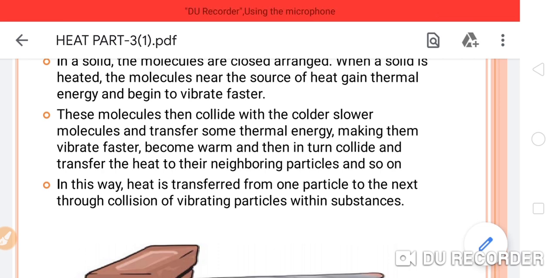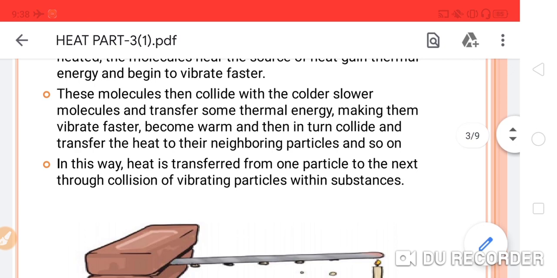The adjacent particles absorb the energy, start vibrating and become warm, and in turn collide and transfer the heat to their neighboring particles, and so on. This process goes on from one end of the solid to the other.